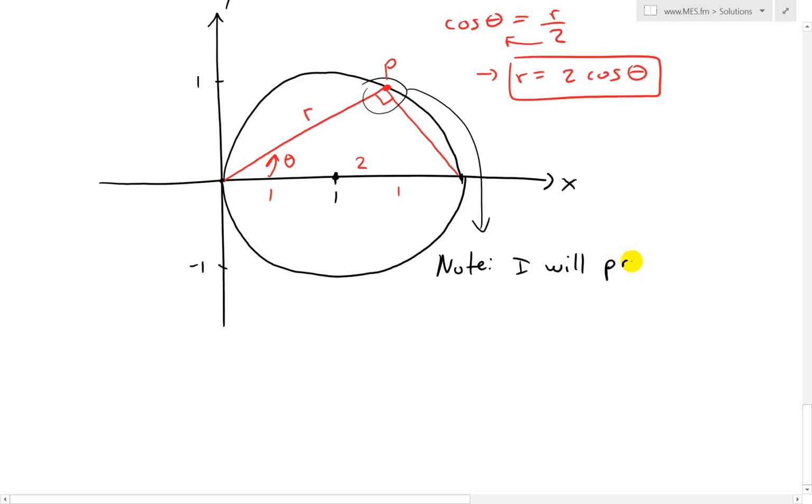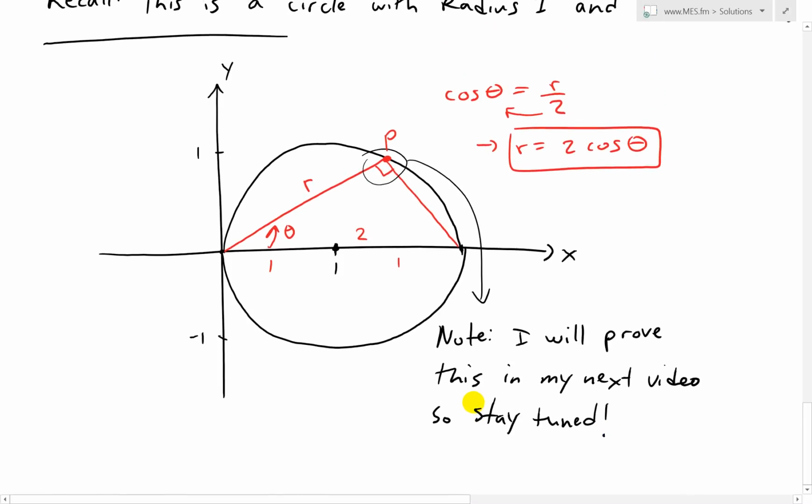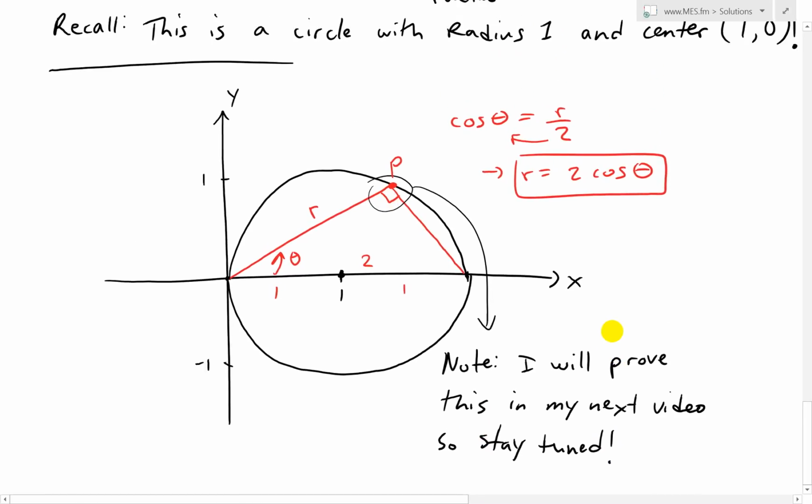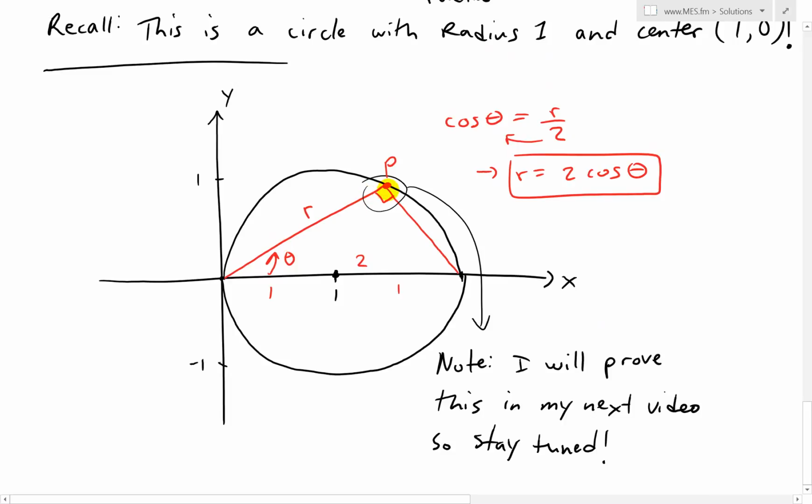I'll prove this in my next video, so stay tuned for that, whichever comes first. I'll prove that it's actually a right angle when you draw a line from here to here and then all the way to the other side of the circle.